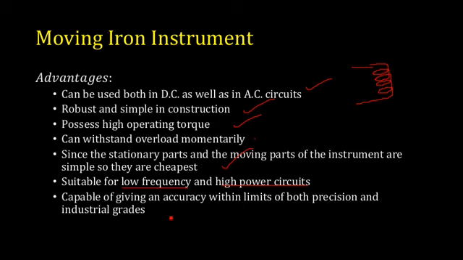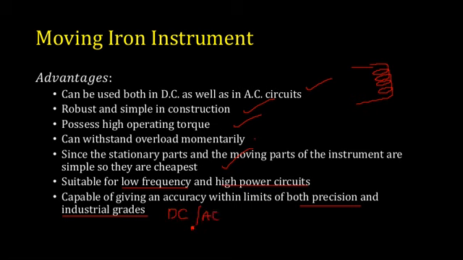Again, these are capable of providing accuracy within the limits of precision. When you think about precision, they are highly precise instruments. They are able to provide accuracy within the limits of precision as well as industrial grades. Industrial grade instruments are expected to operate in a highly accurate manner in both DC as well as AC ranges.